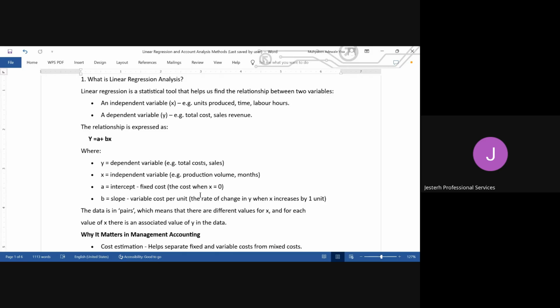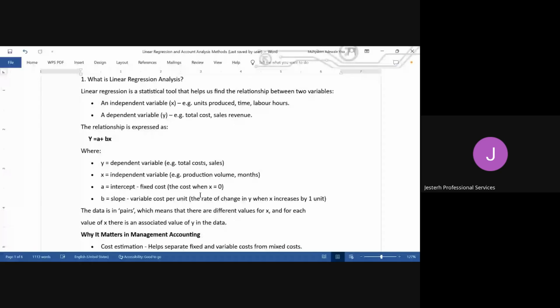Where x is our independent variable, which we usually know as our level of activities or production levels, based on how the data is given. a is our fixed cost, the intercept, the one that is fixed for a period of time. b is our variable cost, as we explained.